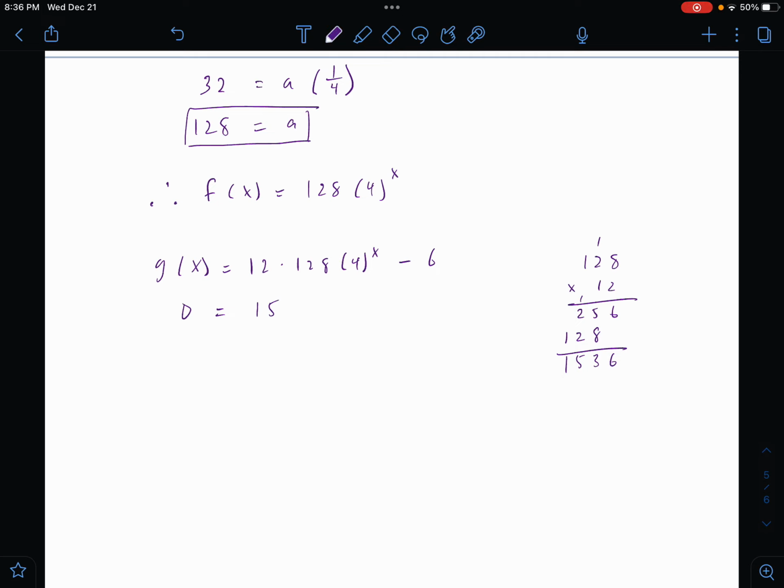So 1536 times 4 to the exponent of x minus 6. And so now we have 6 is equal to 1536 times 4 to the exponent of x. We're trying to solve this now for x.